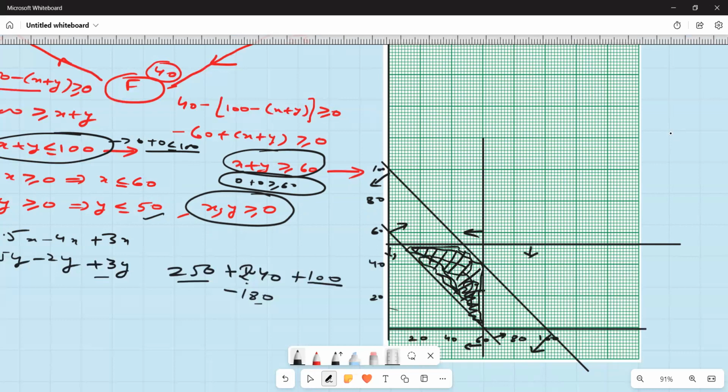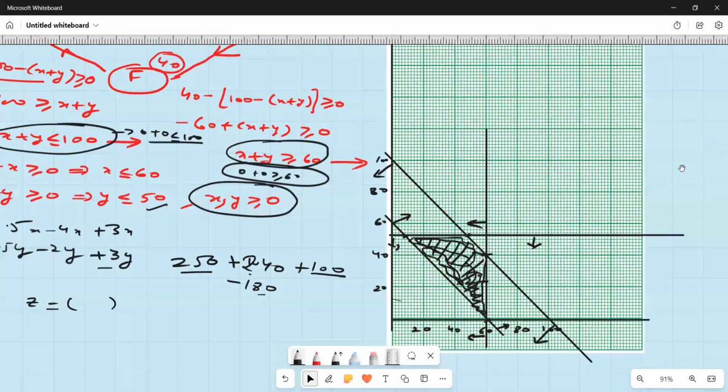So you can find out the points from here. This is one of the points. This is another point. This is another point. One point is this. So at these points, you will find out Z. Put the values of x and y in that and minimize or maximize it, right?